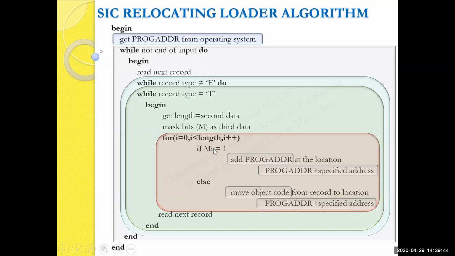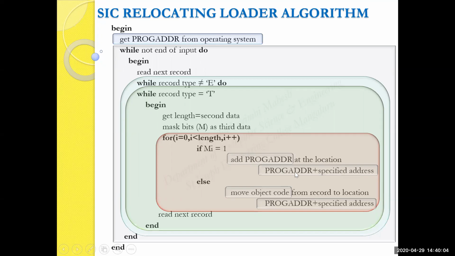On the other hand, if the relocation bit is set to 1 for the corresponding object code, then before moving the actual code into the memory, the program address has to be added. So program address will be added to the code that has to be moved into the memory location.